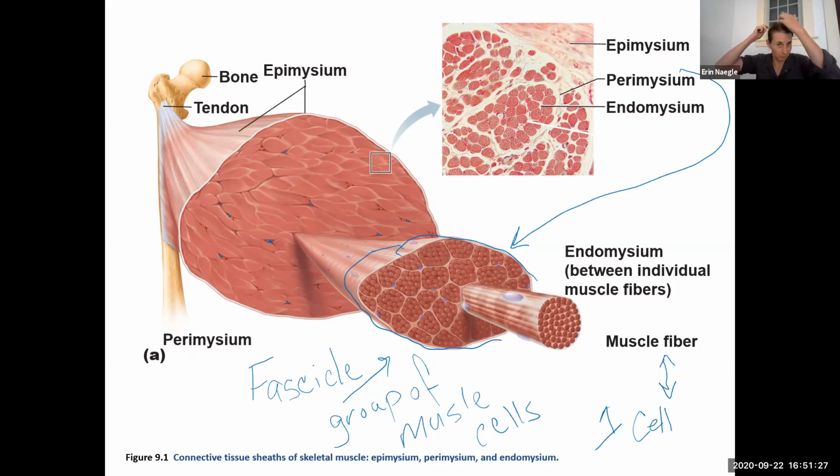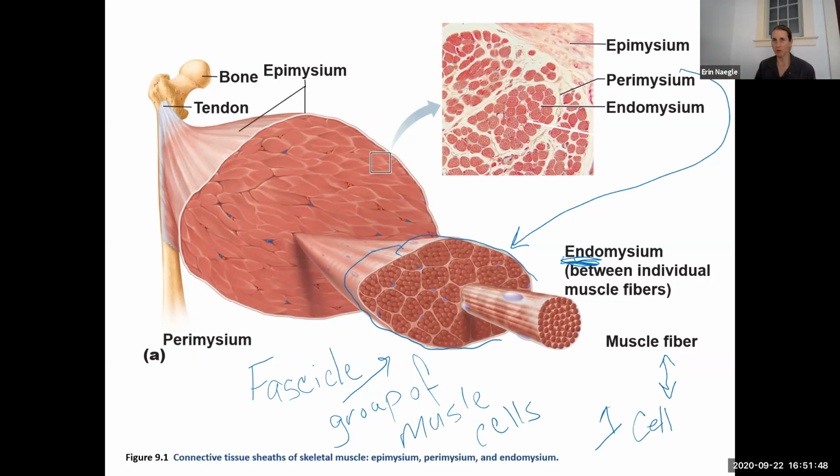Right, you're building your neurological pathways. Say it out loud with me. One muscle fiber is one muscle cell. Okay, and that is surrounded by the endomysium. Endo means within, right? So this is deep within the muscle, around every single one of your muscle fibers.